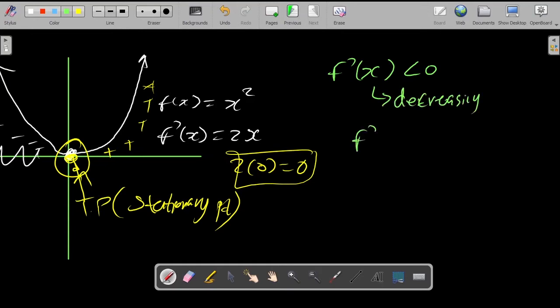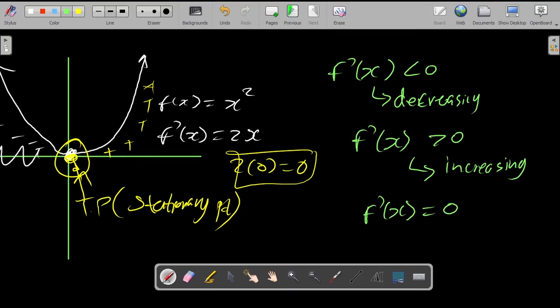And if your first derivative is greater than 0, then your function is increasing. And when you find the first derivative to be 0, you basically have a stationary point.